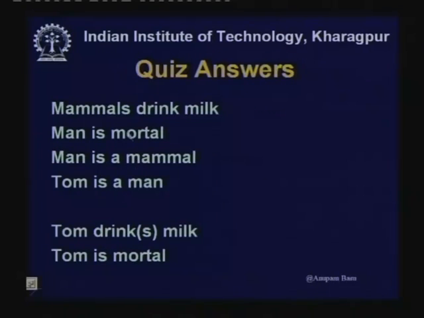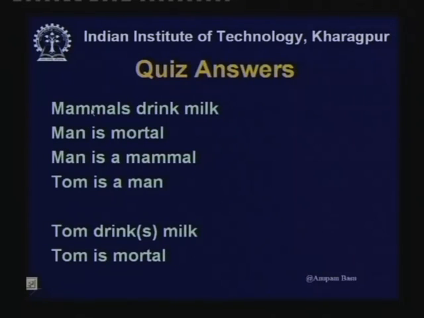Now, I am not sure how many of you succeeded in proving this given these four sentences. But intuitively all of you can understand that mammals drink milk, man is a mammal, and Tom is a man. So, Tom drinks milk.